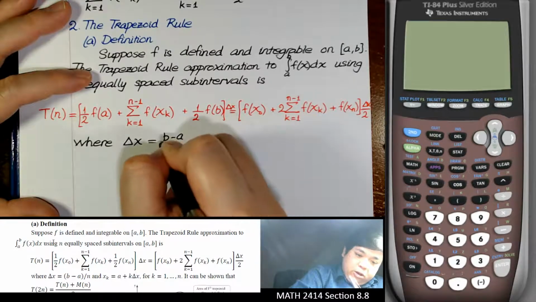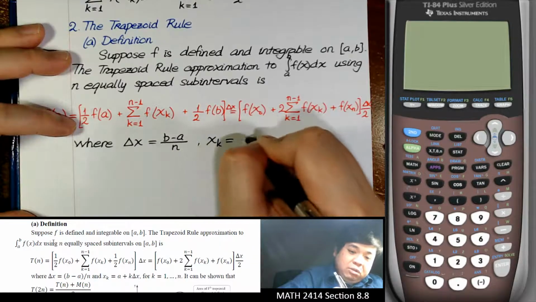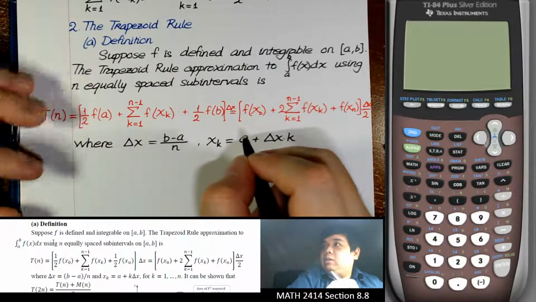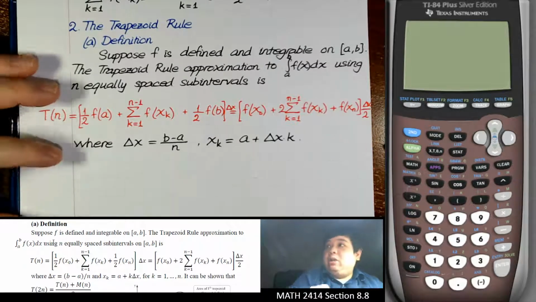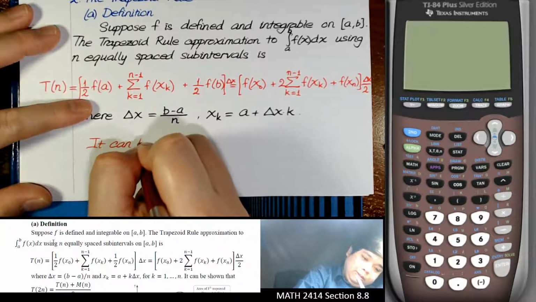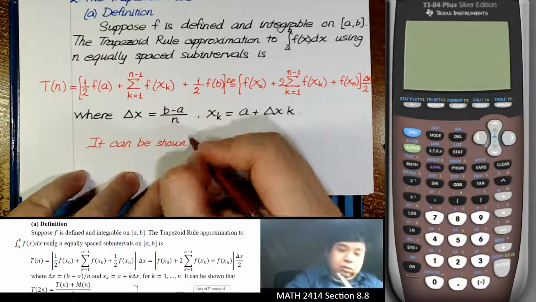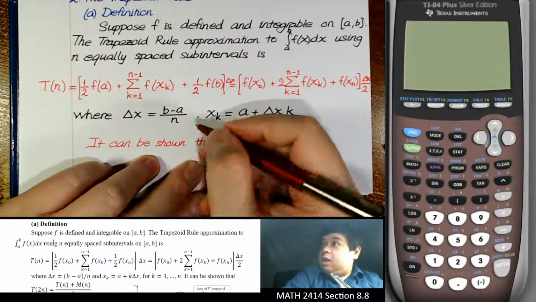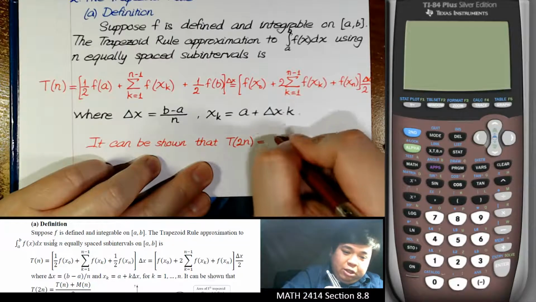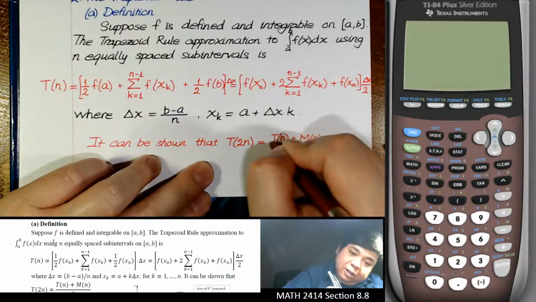is the same as before, and the sample points the same as before, and it can be shown that trapezoid using 2 times n is equal to T of n plus M of n divided by 2.